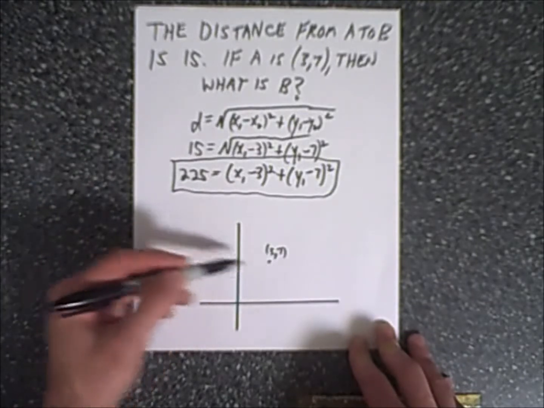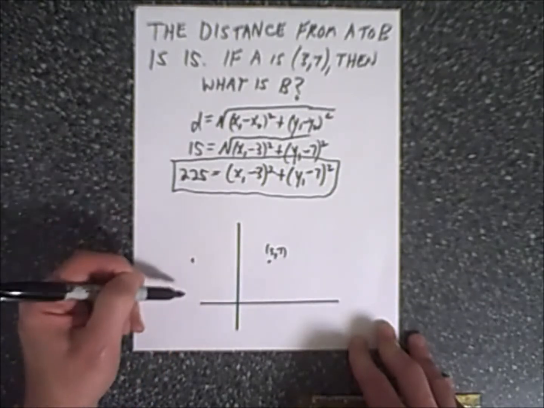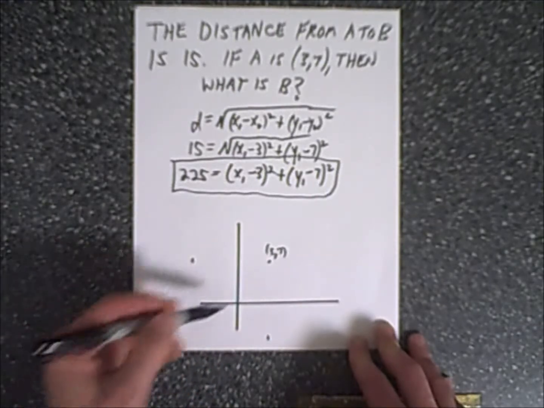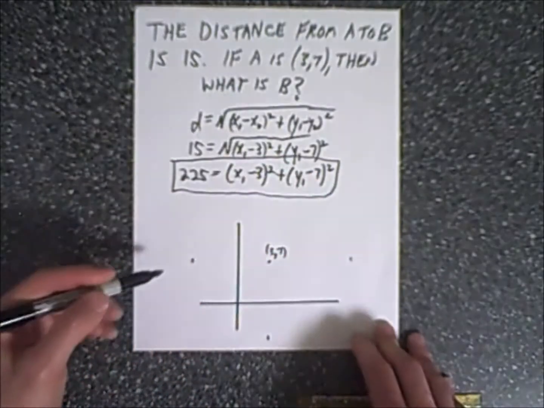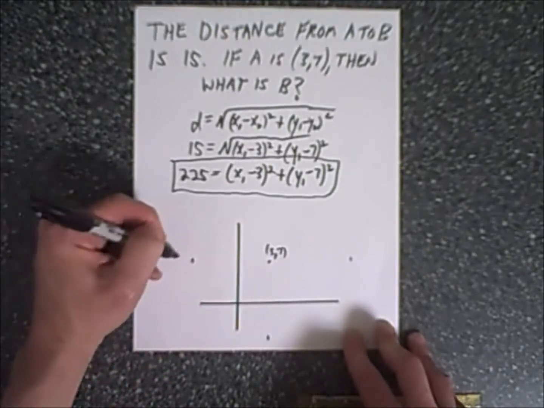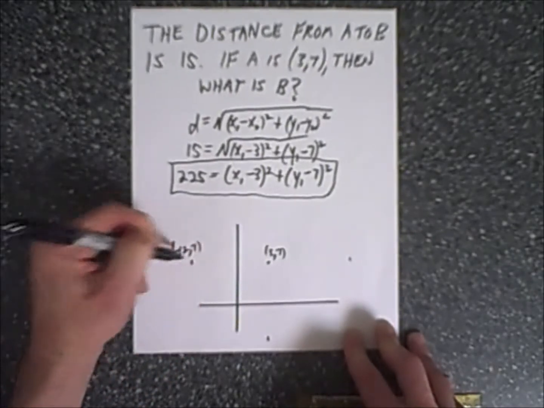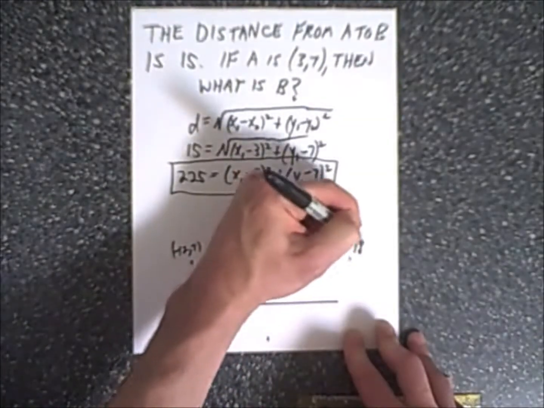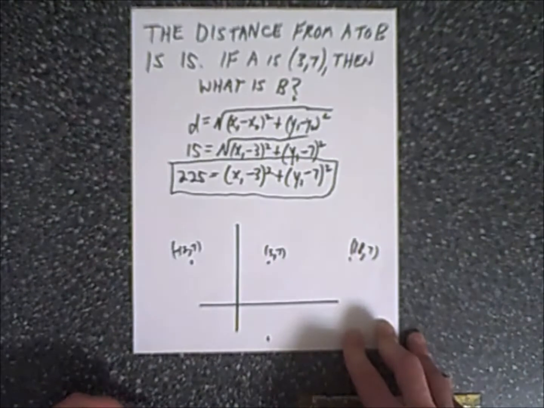So 15 units might be here. It could also be down here. These are both 15 units, which are also the radii over here. For example, 15 units horizontally would be negative 12, 7. And 15 units this way would be 18, 7. So those are 2 possible answers.